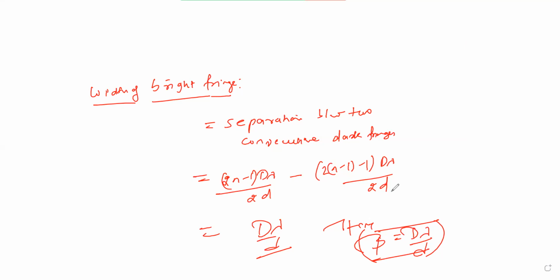That one in the box? Yes, beta equals lambda D over d.